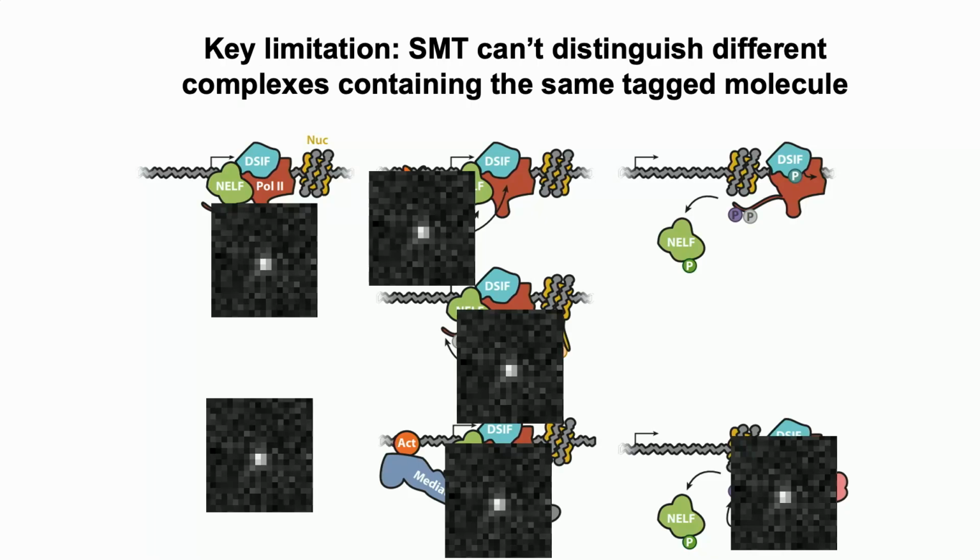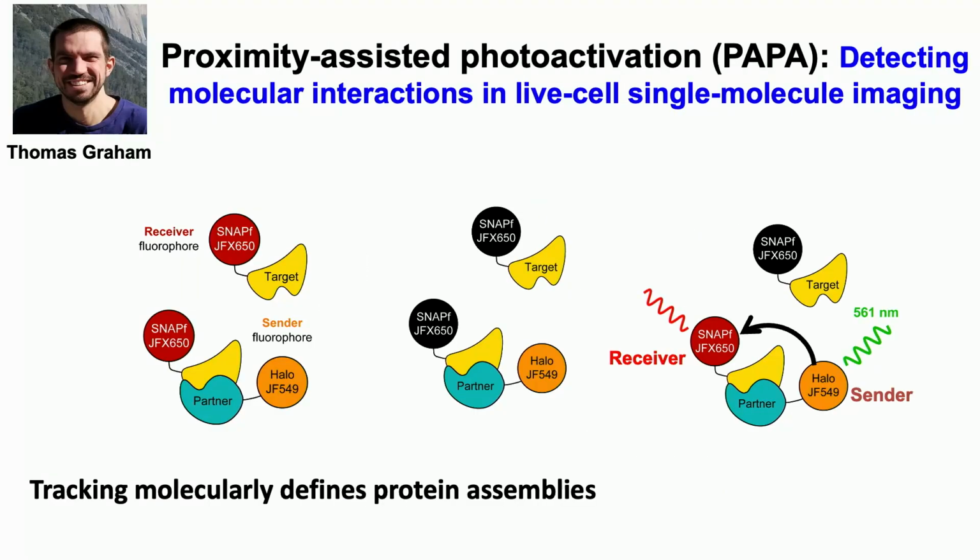And so Thomas, when he was in the lab, one day was doing an experiment where he had 2 proteins. One was labeled with GF650, and the other one was labeled with the Janelia Fluor 549 dye.